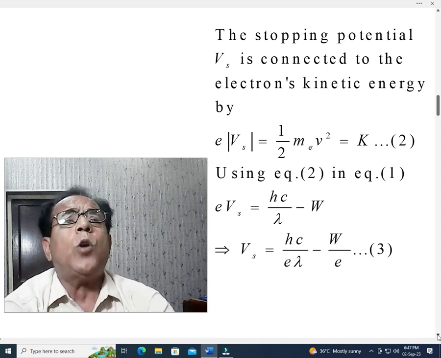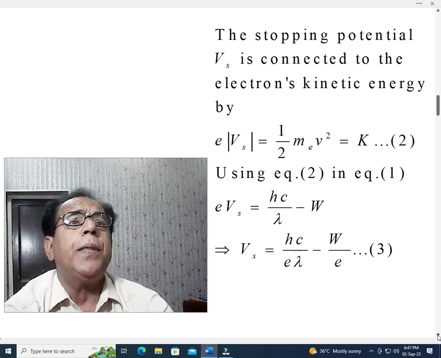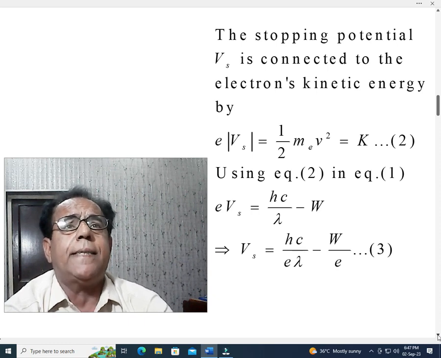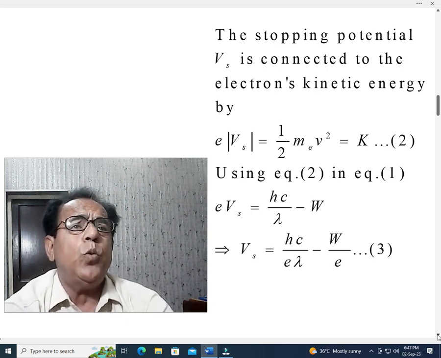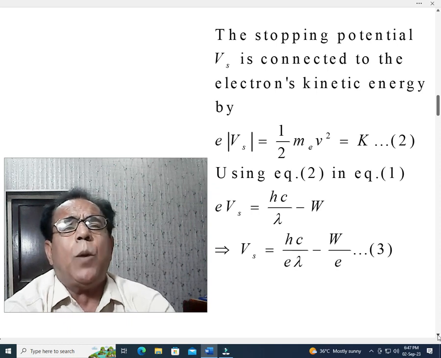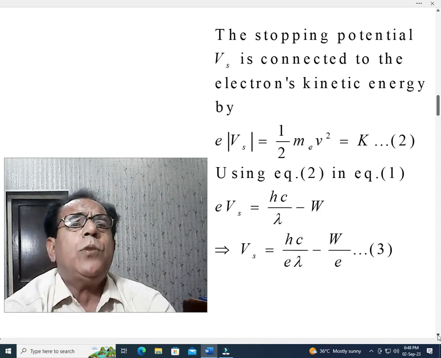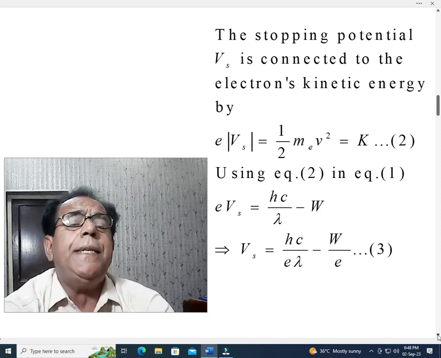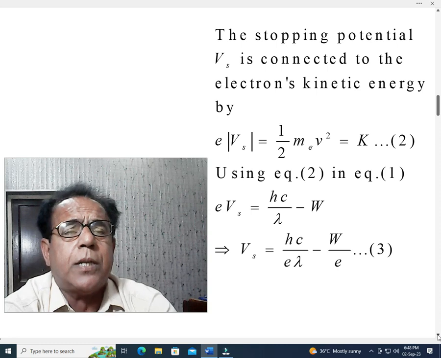This stopping potential Vs, where s is written as a subscript of V, is connected to the electron's kinetic energy by e times the magnitude of Vs, the absolute value of the stopping potential, equal to half m_e v squared, where e is written as a subscript of m and m stands for the electronic mass.